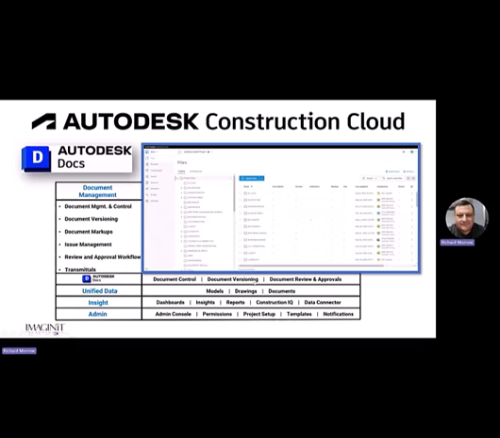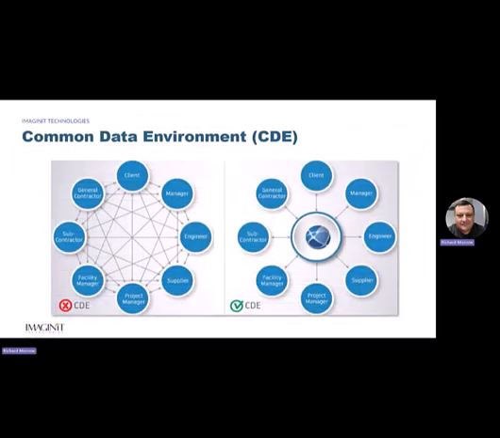But basically Docs gives you that foundation and everything you need to manage your data in the cloud. Markups, versioning, issues, review, transmittals, everything that you need. Currently, most likely you're not working in a common data environment, which causes lots of overload, mistakes in data moving, not the right people having the data at the right time.